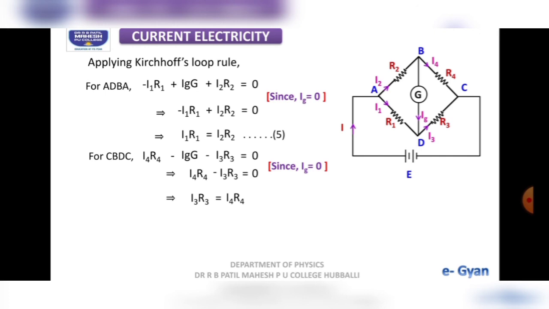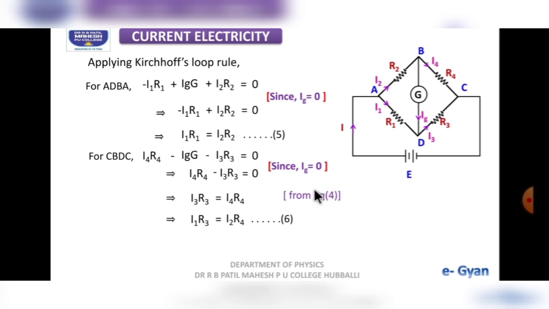From equation 4, we showed that I1 is equal to I3 and I2 is equal to I4. Writing the above equation in terms of I1 and I2, we get I1 R3 is equal to I2 R4. Let this be equation 6.